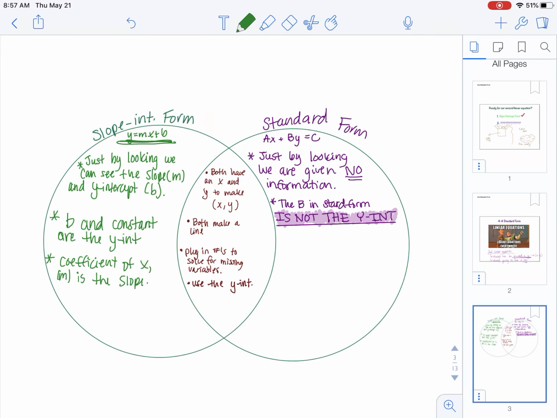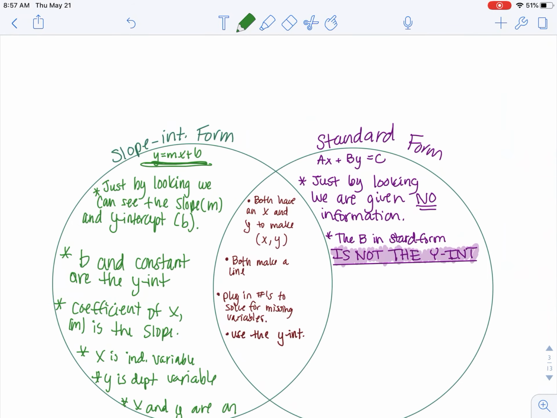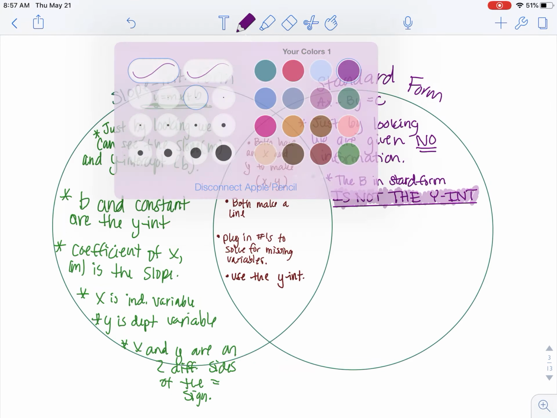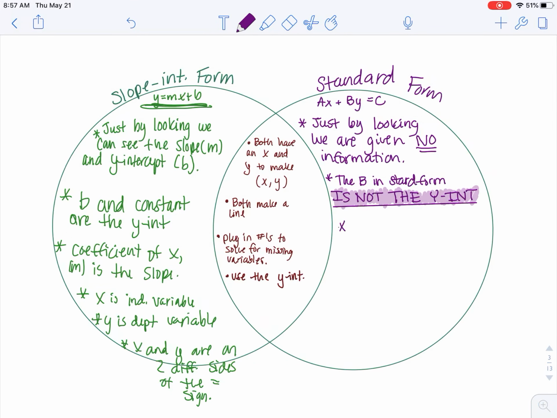Here we can say x is independent variable, y is the dependent variable, and x and y are on two different sides of the equal sign. That's probably your biggest indicator of how to know whether your equation is written in standard form or slope-intercept form, where the x and y are.